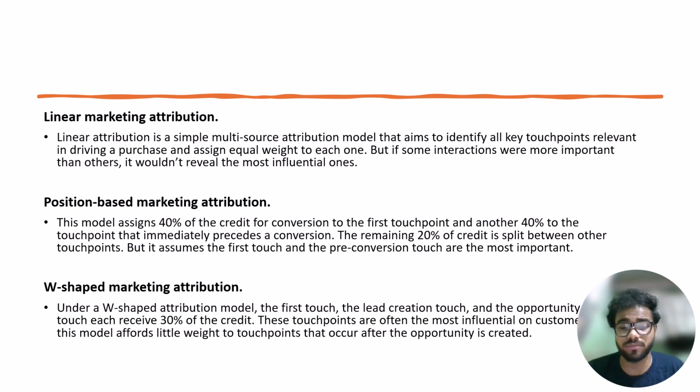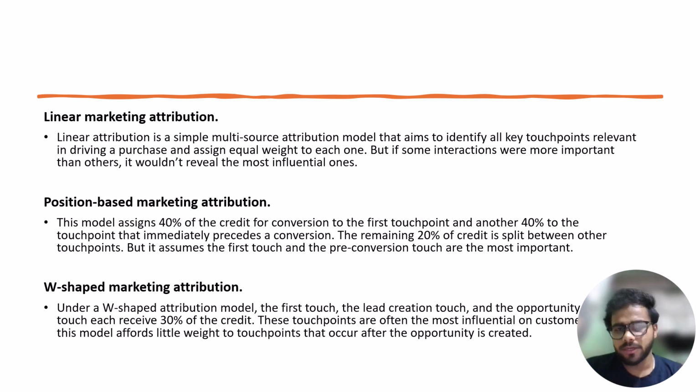Under a W-shaped attribution model, the first touch point, the lead creation touch, and the opportunity touch each receive 30% of the credit, and the remaining 10% is divided between the other touch points. This is most influential on customers. This model affords little weight to touch points that occur after the opportunity is created.